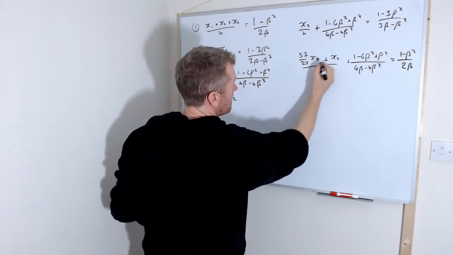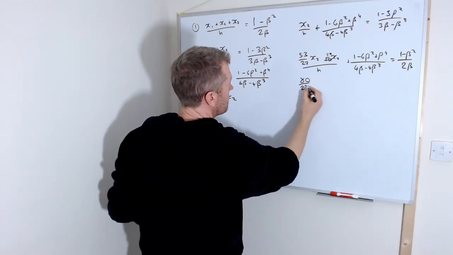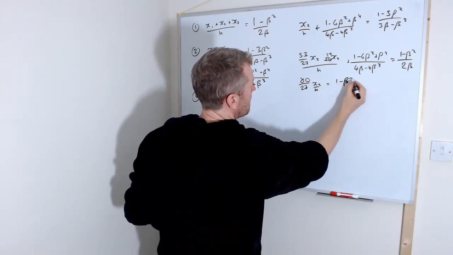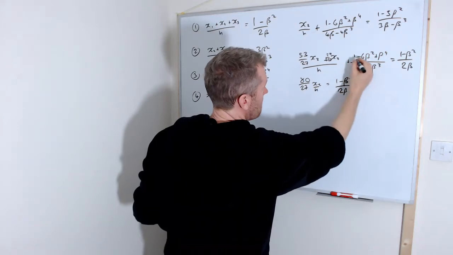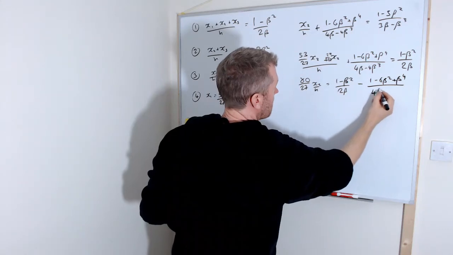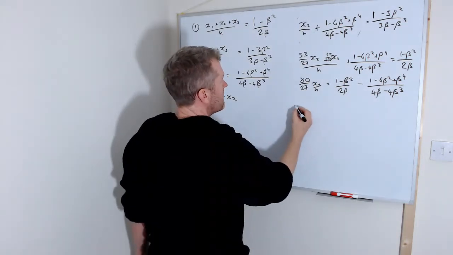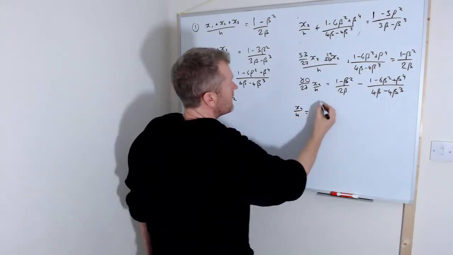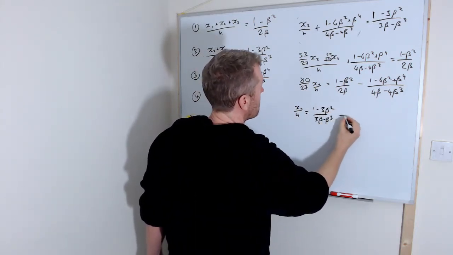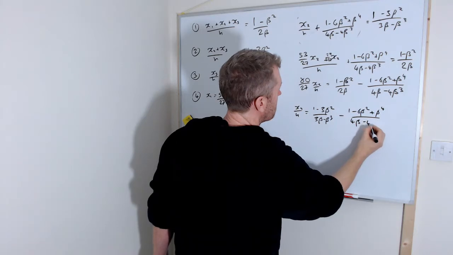Well, this is 27 over 27. So that's 80 over 27 x2 over h equals, and then minus this thing, rearrange this equation to give us x2 over h equals 1 minus 3 beta squared over 3 beta minus beta cubed minus 1 minus 6 beta squared plus beta to the 4 over 4 beta minus 4 beta cubed.